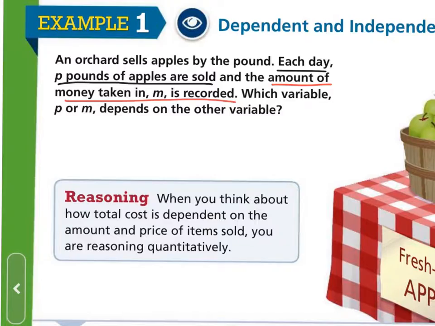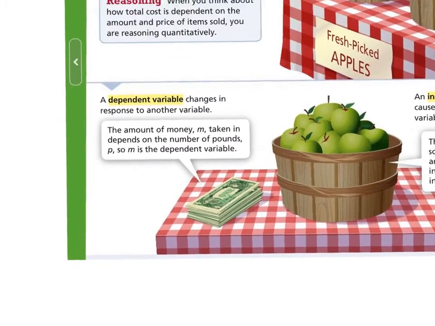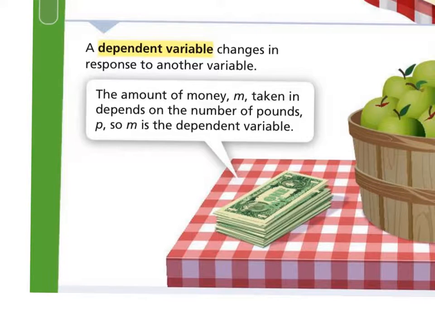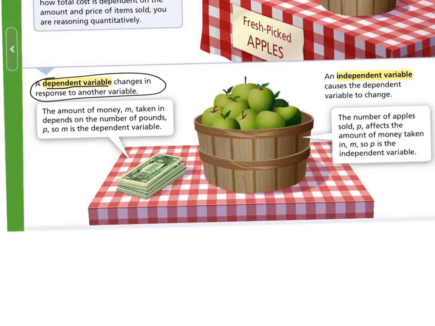Well, it's the second one. The money depends on how many apples we sold. The dependent variable depends on the other thing. It changes in response to the other variable. In this case, the money that we make depends on the number of pounds that we sold. So M would be our dependent variable.